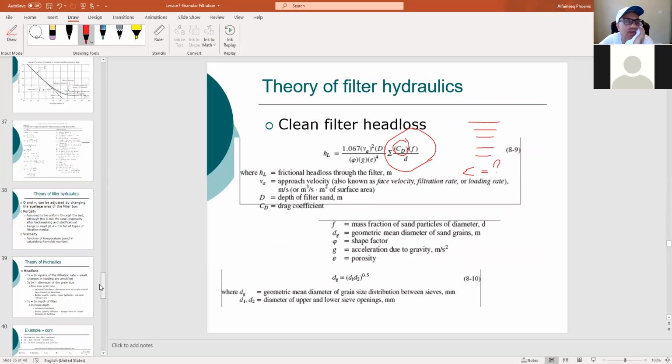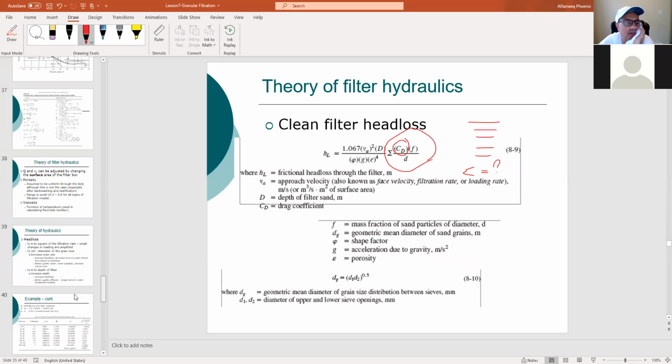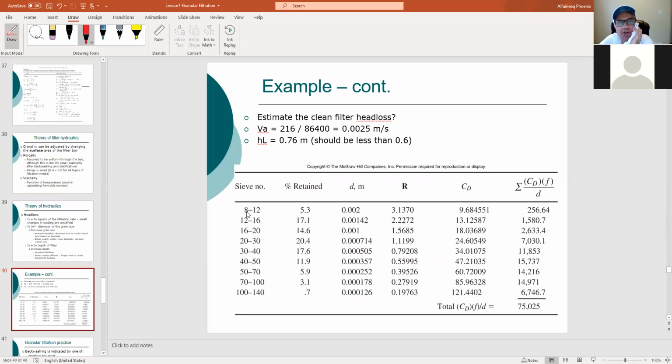This is how they do that: they arrange everything in a table, calculate everything accordingly, and this is the sum here. These are what you have in Rowe's formula, and you calculate the head loss. See, the head loss here is higher than the recommended. This means maybe you need to change your sand. The sieve analysis gave you this number.